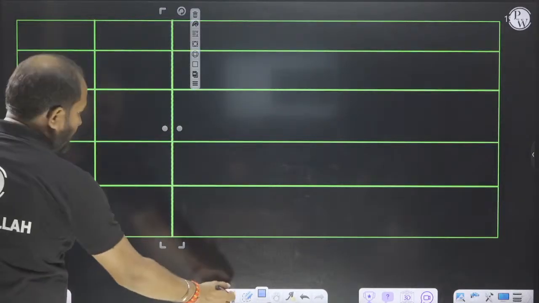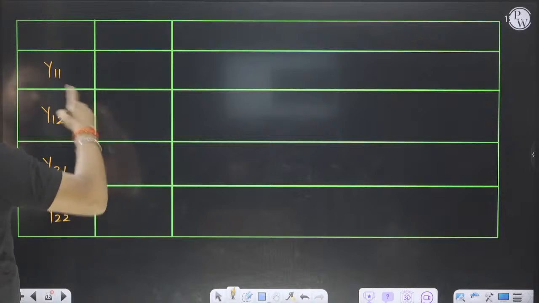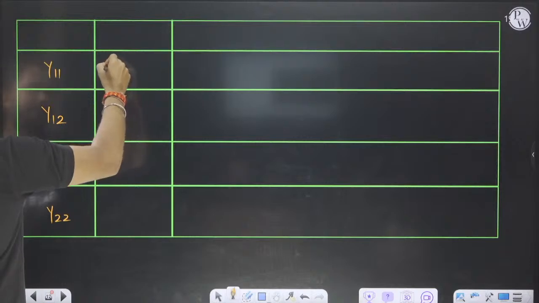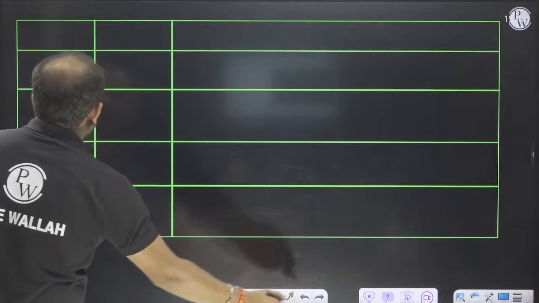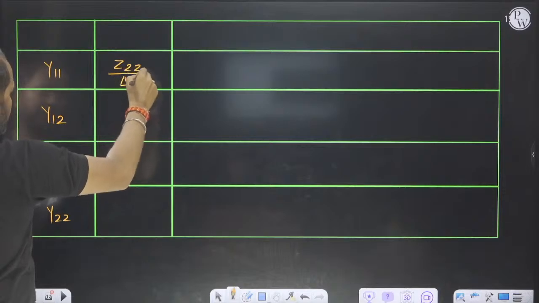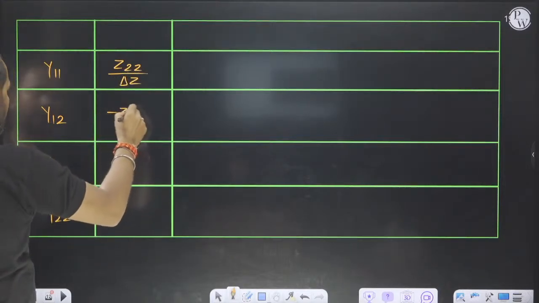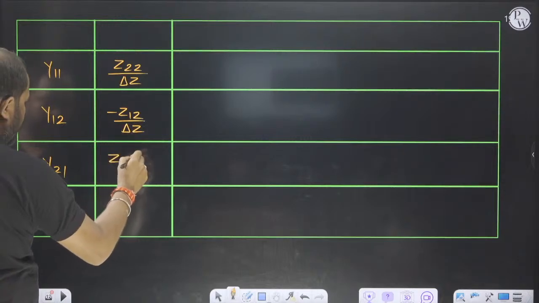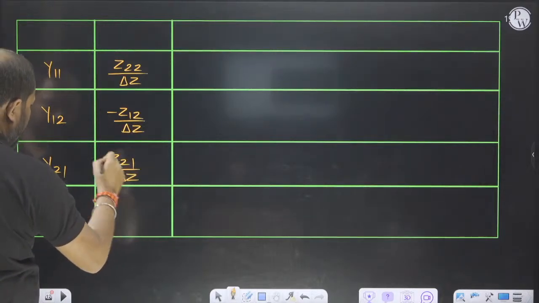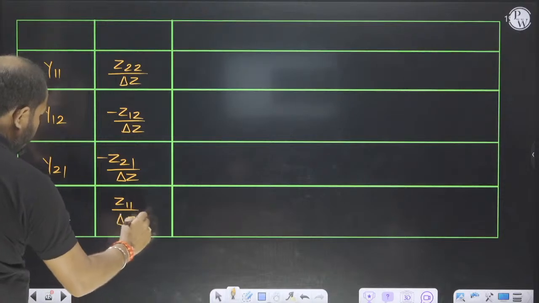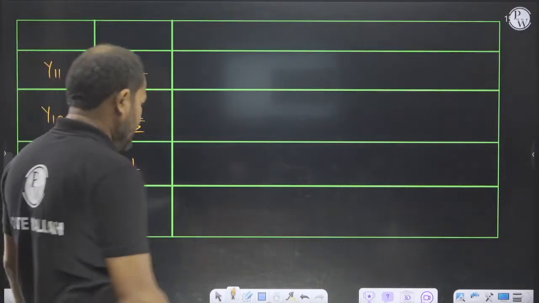In terms of Z parameter, it will be Z22 upon delta Z, minus Z12 upon delta Z, minus Z21 upon delta Z, and Z11 upon delta Z. So this is our Z parameter.